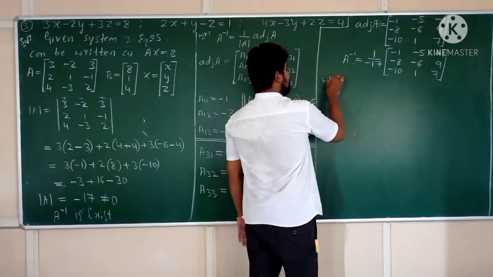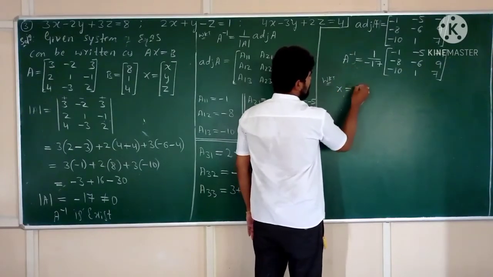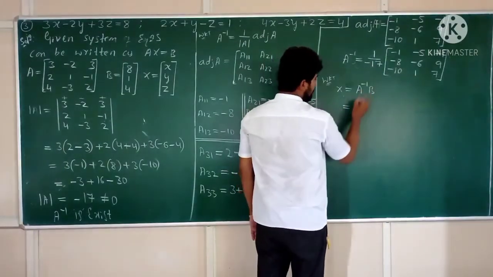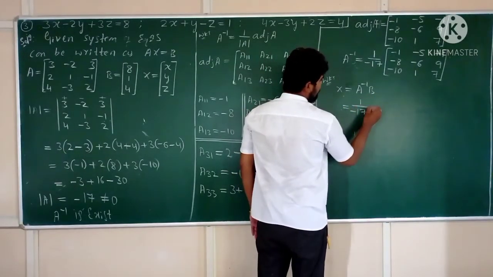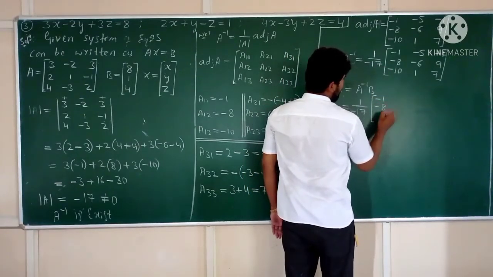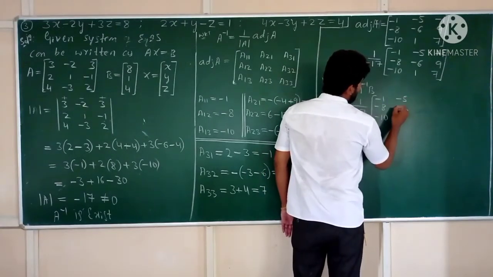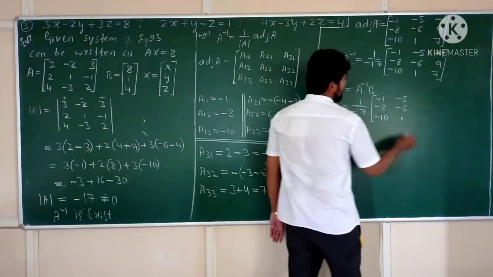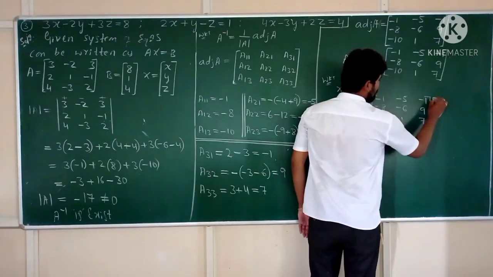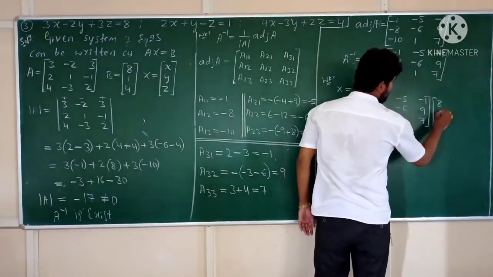Now we know that matrix X is equal to A inverse into matrix B. So A inverse is 1 divided by minus 17 into this matrix, into matrix B, which is 8, 1, 4.